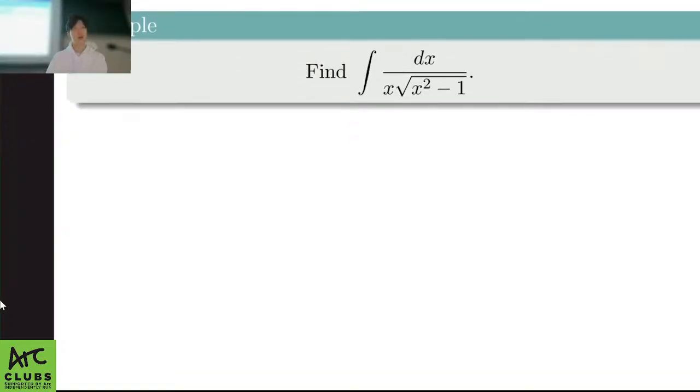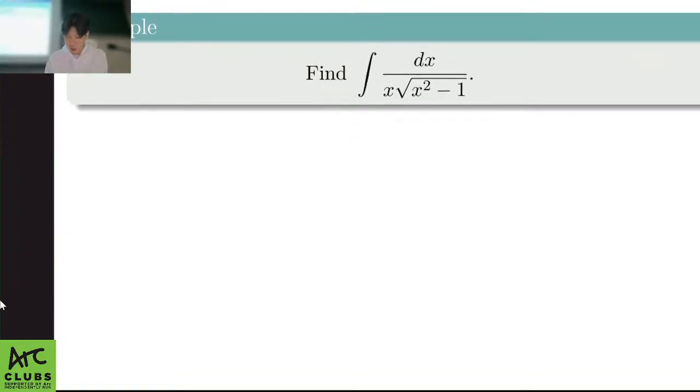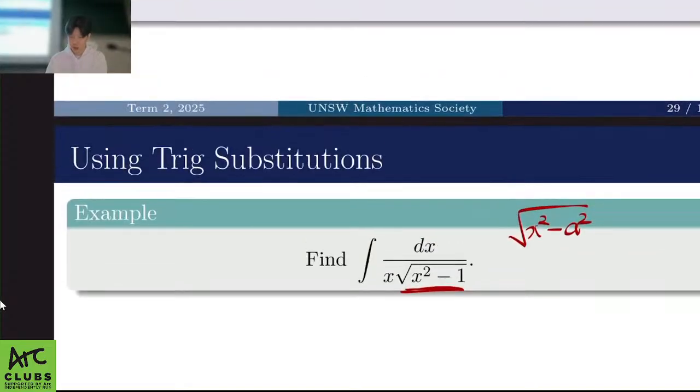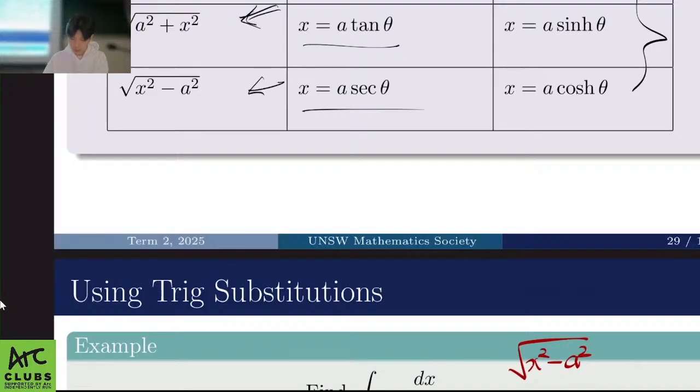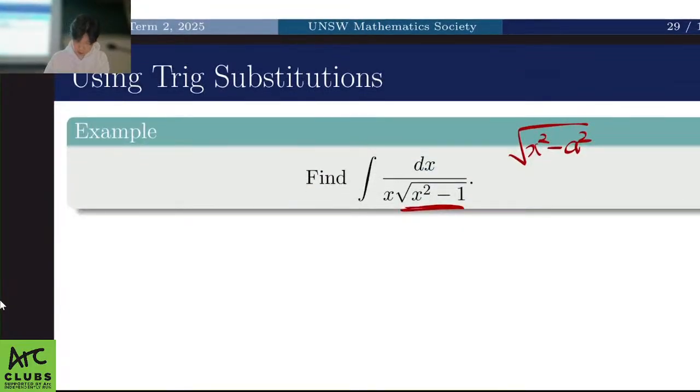So if I want to use that here, I want to look at what's inside the square root. And here it's in the form x squared minus a squared. And the substitution we can use for that is a sec theta. So I'm going to just do the substitution a sec theta.